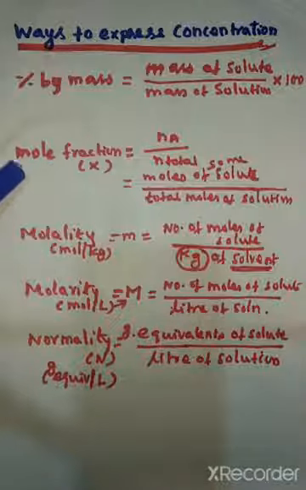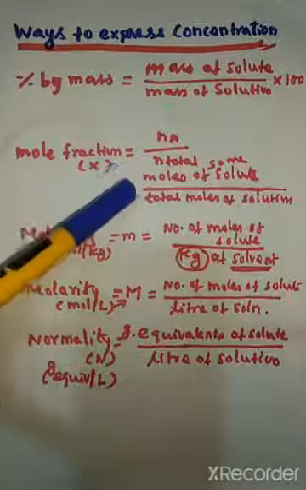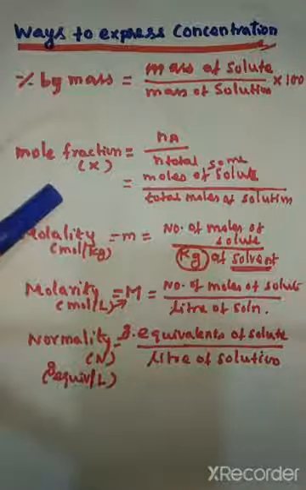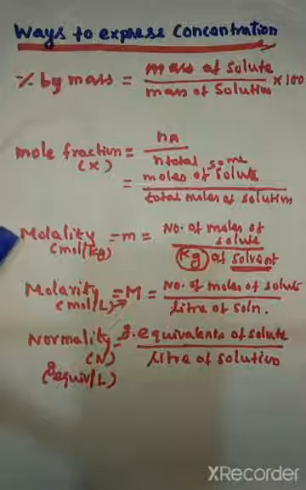And then mole fraction, that is the ratio between the moles of the particular solute and the total moles of the solution. In the solution there are solutes and the solvent present in that.